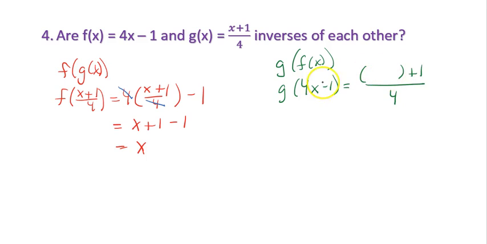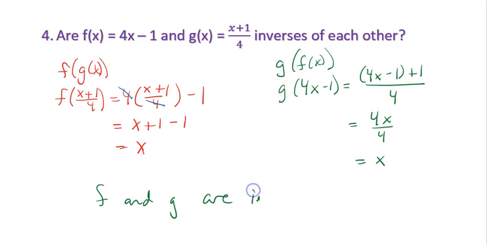When I take the x out, I'm going to plug 4x minus 1 in. And again, I'm going to take this one step at a time. So the first thing that happens is this negative 1 and positive 1 go to 0. So I have 4x over 4. And then my 4's cancel and I have x. Since I got x out of both, f and g are inverses.